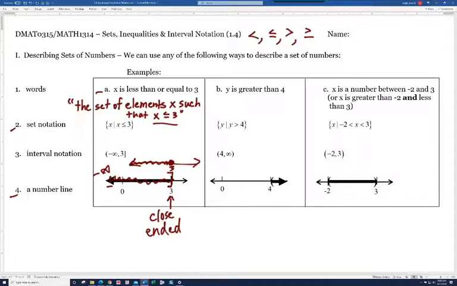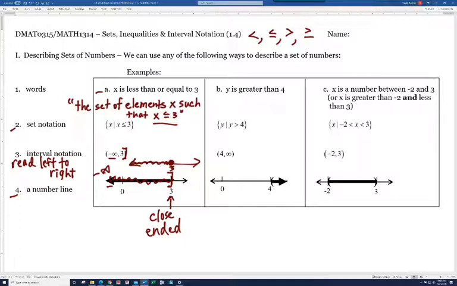The thing about interval notation is it's always read left to right. So we're starting at negative infinity, going to 3, and at 3 we have a bracket because we're including 3 in our set.